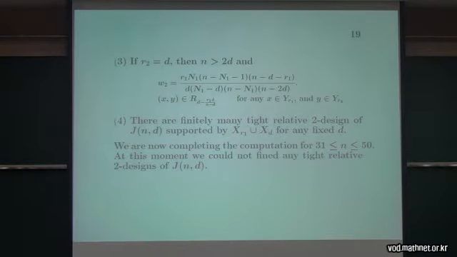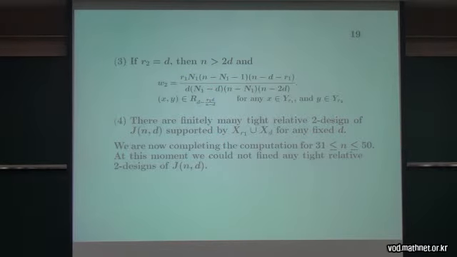We are still studying that. But with this condition, r1 d over n minus d has to be an integer, so we can conclude that there are finitely many tight relative 2-designs of J(n,d) supported by r1 and d for any fixed d.